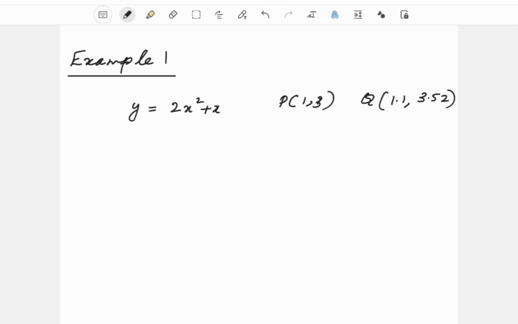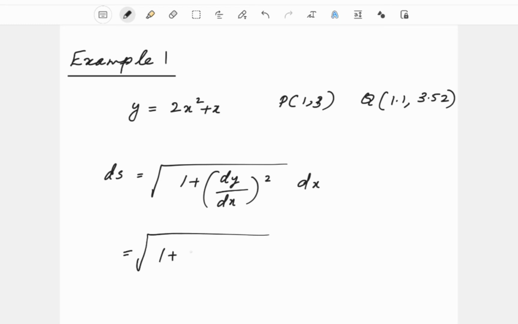That means dx, or delta x, is very small. So we can easily find the arc length by using the concept of differentials. Here we get a good approximation of the arc length by finding ds itself. ds is equal to root of 1 plus dy by dx the whole square dx, that is root of 1 plus (4x plus 1) the whole square dx.